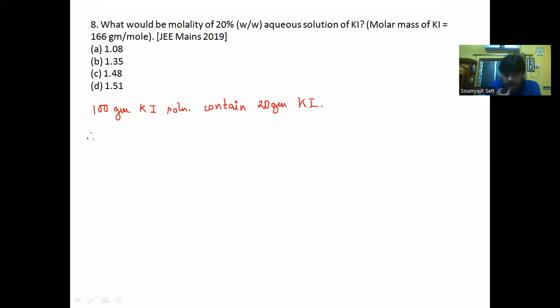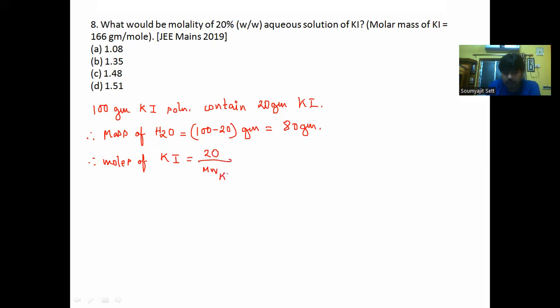Now we can find out the number of moles of KI and the molality of KI. How? Mass of water is (100 minus 20), that is 80 gram. And moles of KI is 20 by the molecular weight of KI, that is 20 by 166.